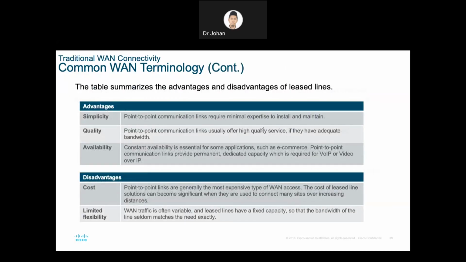Availability: constant availability is essential for some applications, especially e-commerce. Point-to-point communication links provide permanent, dedicated capacity, which is required for VoIP or video over IP. The disadvantages are cost and limited flexibility.